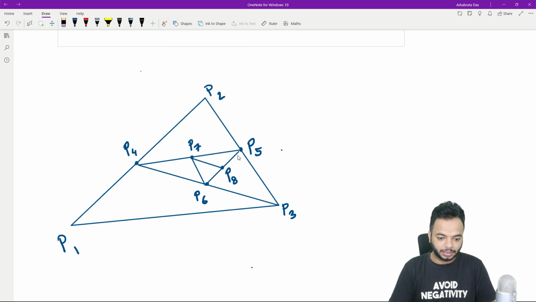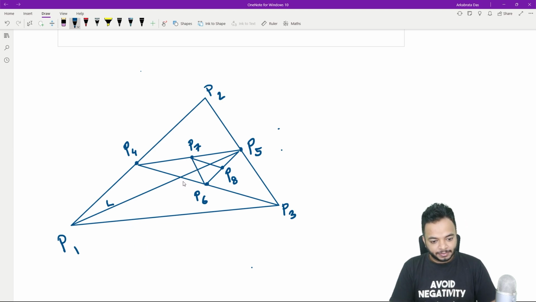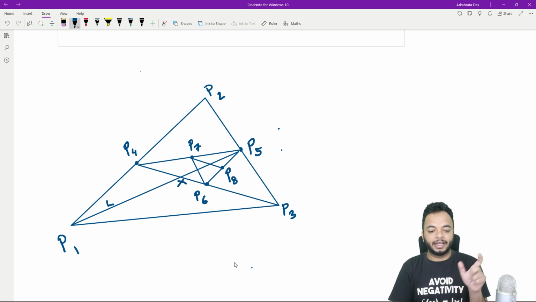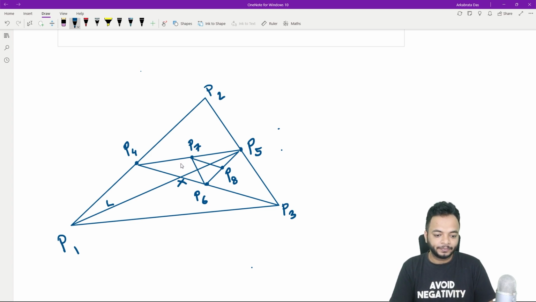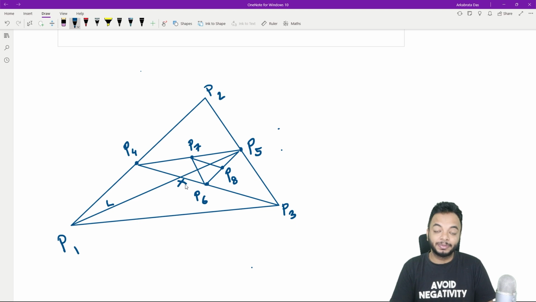Okay, but let's now take the line L. So this is the line L. Now let's mark this point where the line L and P4 and P3 are intersecting as X. And also, I'll mark that point where P7, P6 and the line L are intersecting as, suppose, P9 dash.